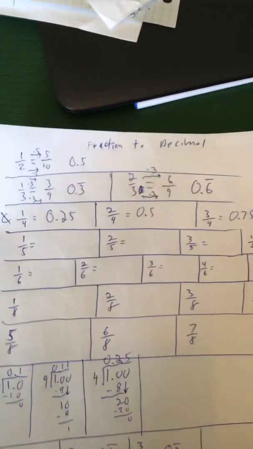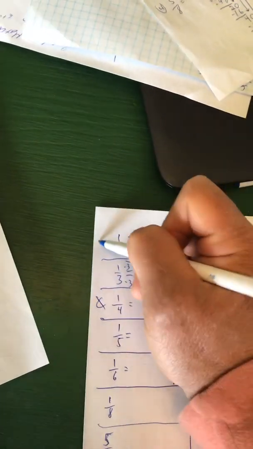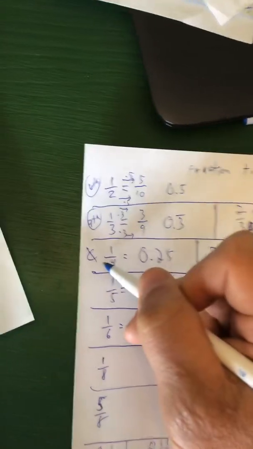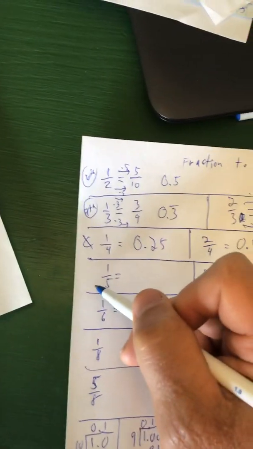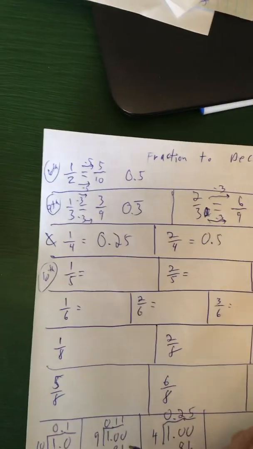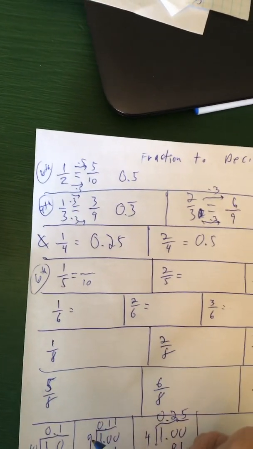Right? So fifths, when you see, here I'm thinking tenths, here I'm thinking ninths, here I'm thinking quarters, here I'm going to think what? Well, aren't I going to think tenths on fifths? 1/5 is how many tenths?